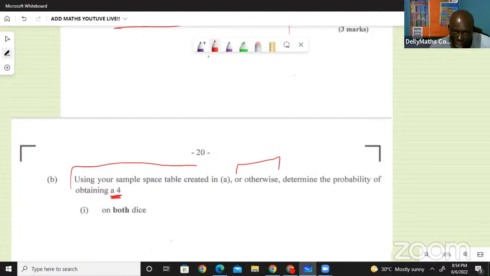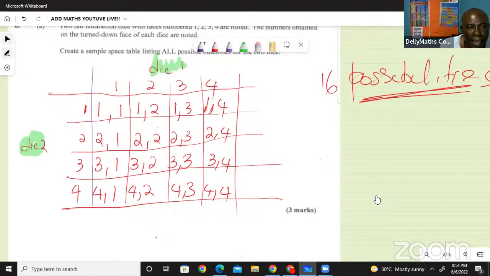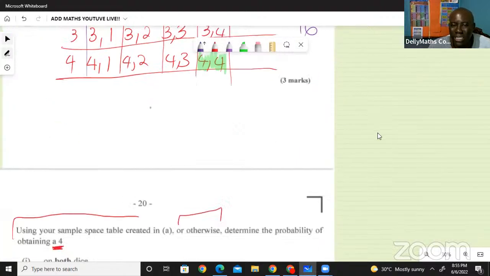We could go and look at it, and this is why they said use your sample space. Look, a 4 on both dice. It's obviously right here. This is the only one. So it is 1 out of 16 chances for us to get a 4 on both dice. When you create your sample space, the work actually becomes easier.